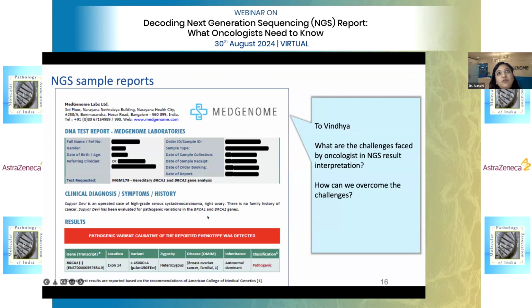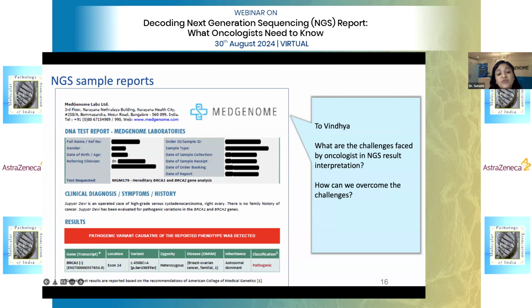Yes, sir. When we have co-mutations or uncommon atypical mutations, the challenges that you face, we also face as molecular scientists, because the data that we report is based on the available literature evidence. So we have to take it with a pinch of salt and do a little more analysis, looking at whether there is any literature evidence, or any case found similarly with those mutations, or how those mutations were treated in the past by other clinicians.